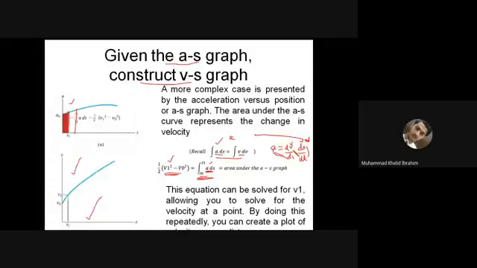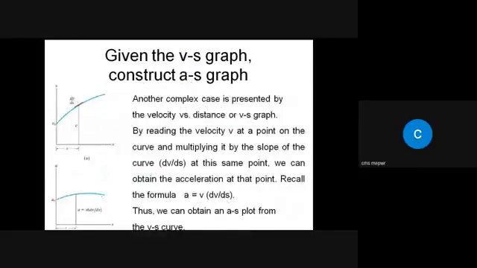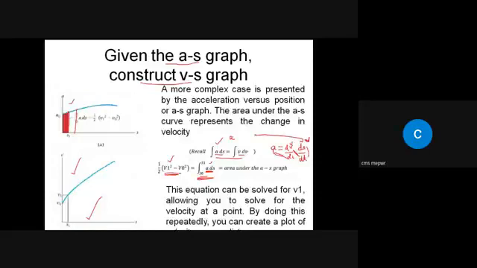Few people might be confused with this 1 by 2. 1 by 2 is constant, right? And we also have velocity square on this side. Whether it's a square root, multiplied by a constant, or raised to power 3 or anything, at the end we will get some value of velocity on the left side.